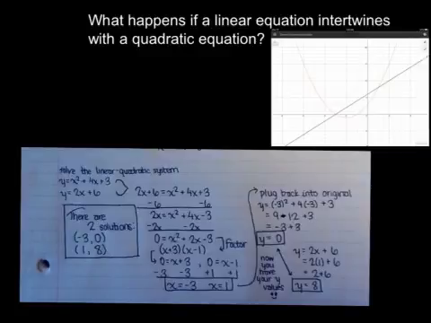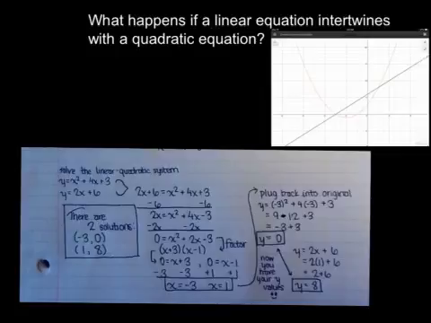So what would happen if a linear equation intertwines with a quadratic equation? So here's an example. Y is equal to x squared plus 4x plus 3, and y is equal to 2x plus 6. So our first step would be to set these equal to each other. And next we will subtract by 6 on both sides to get 2x is equal to x squared plus 4x minus 3. Next we will subtract 2x on both sides to get that 0 is equal to x squared plus 2x minus 3.